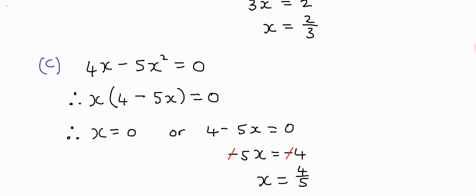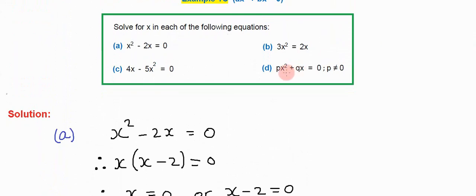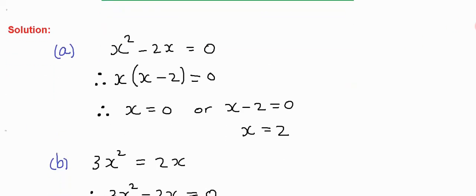Let's look at the last equation. So D, we have px squared plus qx equals 0, and p isn't equal to 0.